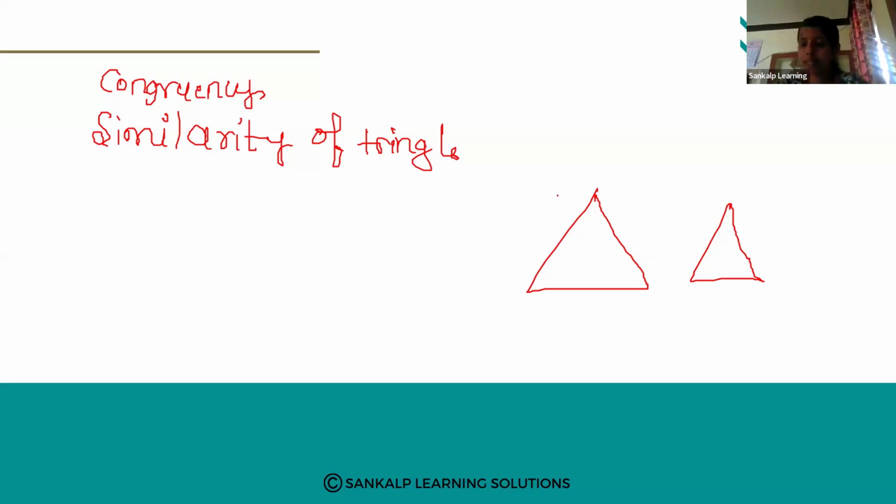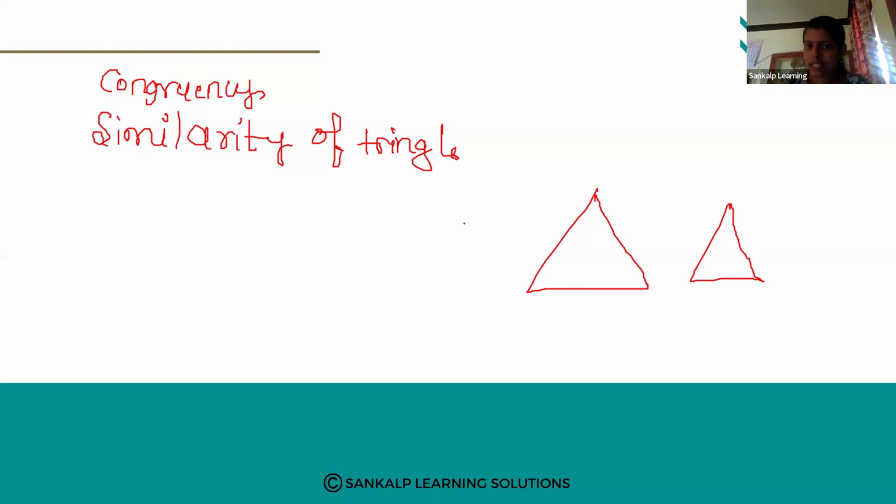What do you mean by similarity? So which figures do we call similar figures? When you call figures similar, it means same shape, right? Same shape, we are going to tell that. So these two figures are similar, right? So similar figures means what?